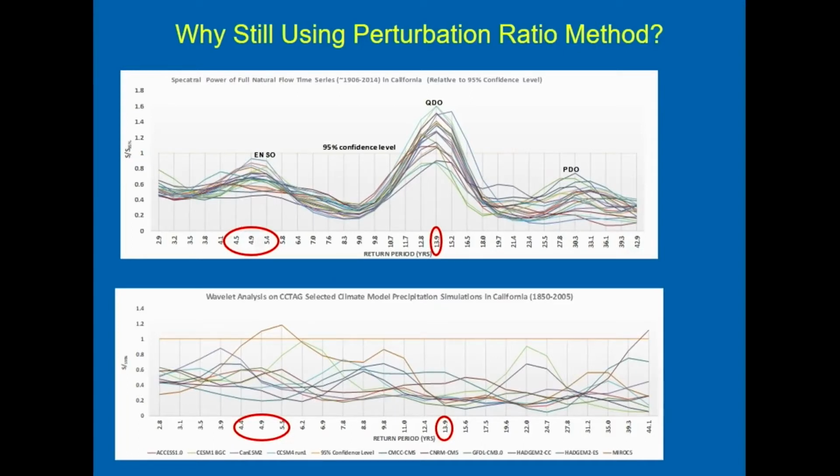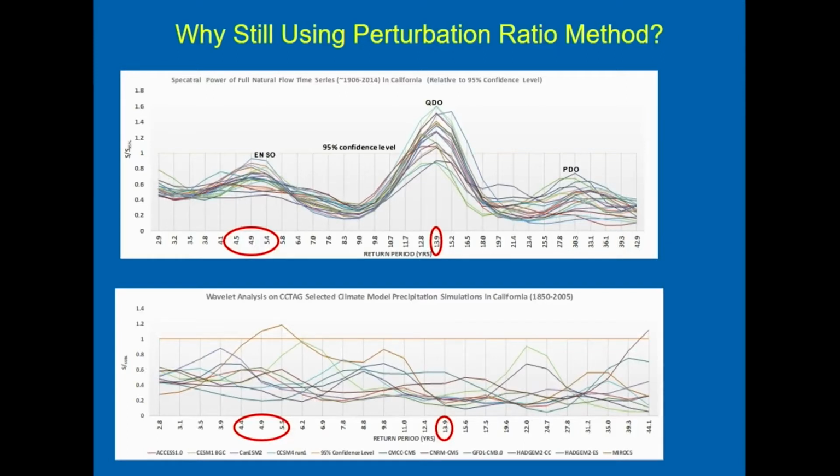You can see in California, basically California precipitation or streamflow inter-annual variability is affected by ENSO, QDO (quasi-decadal oscillation), and PDO (Pacific decadal oscillation). These are three oscillations in the atmosphere. ENSO is what people are familiar with.